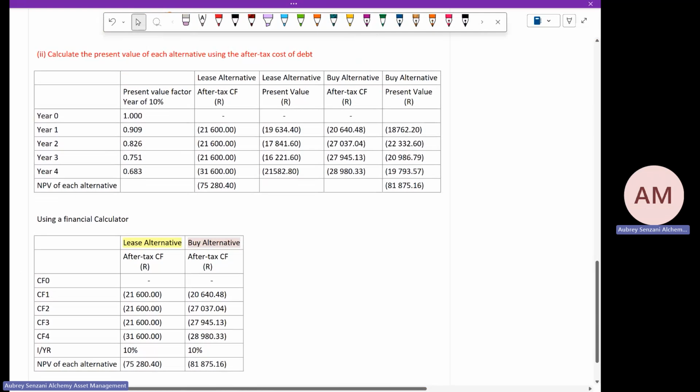Okay? And then they say, calculate the present value of each alternative using the after-tax cost of debt. So in other words, get the NPV. Okay, so I've put this table here just for you to see, but I don't want you to use this. Okay, right? Because a lecturer used to call them Ferraris in your hand.